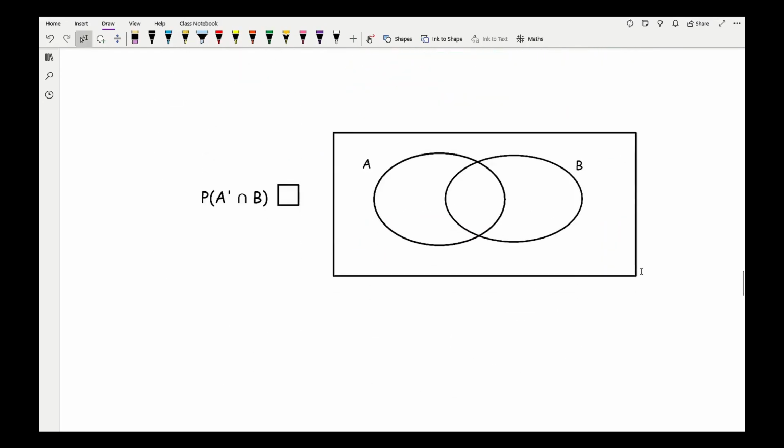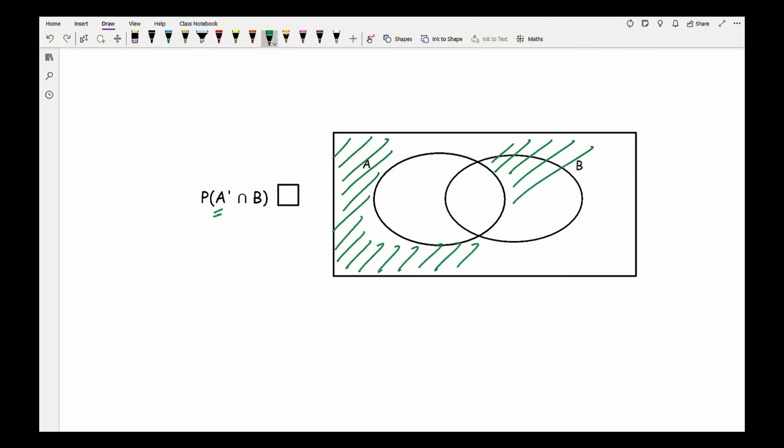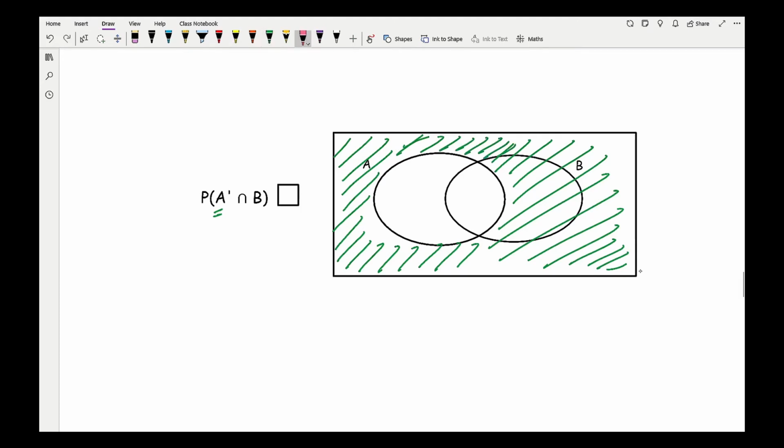So moving on to the next example. Here we're looking for not A and not B. Again, I'm going to take these areas separately. Not A, I'm going to highlight in green. So that represents not A. And not B, I'm going to do in pink.